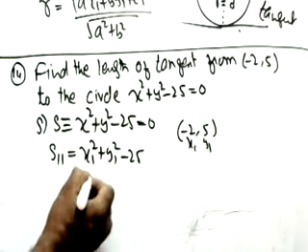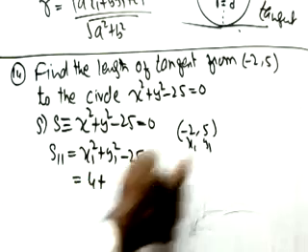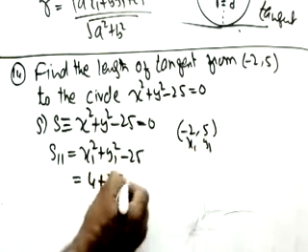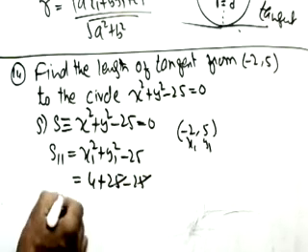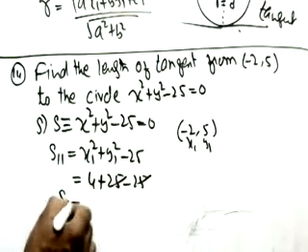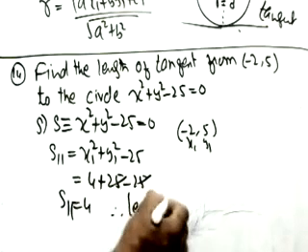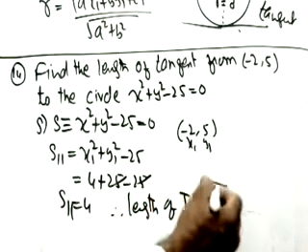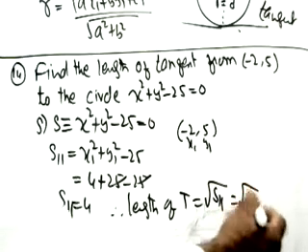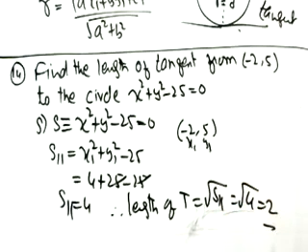This is x1, this is y1. So we can write: x1 is minus 2 square is 4, y1 is 5 square is 25, minus 25 will get cancelled. So S11 equals 4. Therefore, length of tangent equals under root of S11, under root of 4. This equals 2.